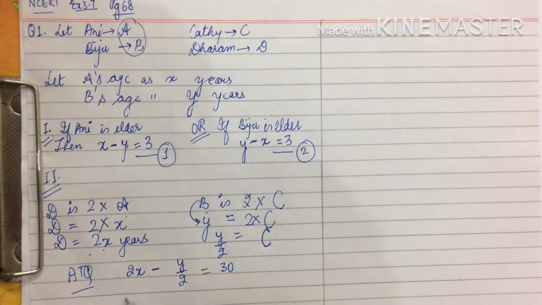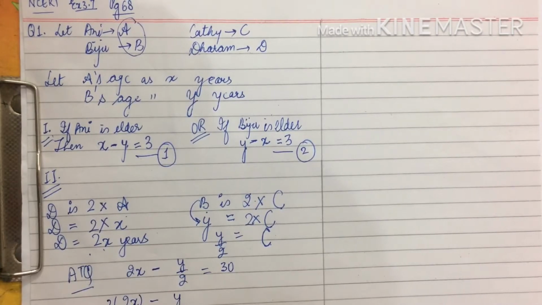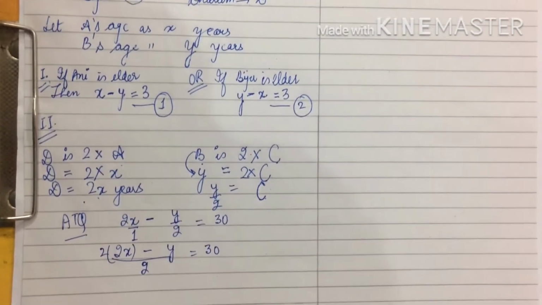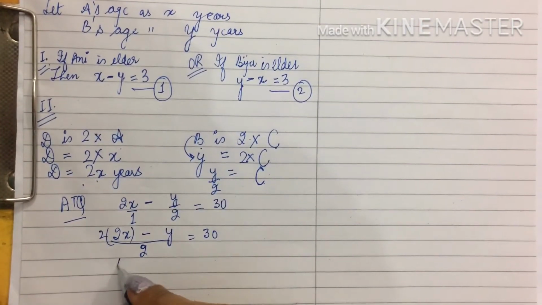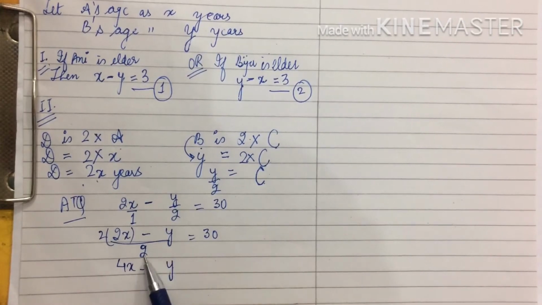Let's simplify, take LCM. Taking the LCM for these two terms, simplifying, this becomes 4x minus y. Transposing this 2 to right hand side, it will be multiplied with 30. This becomes 60. So this is the third equation.